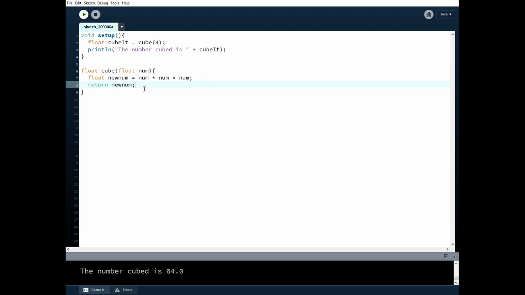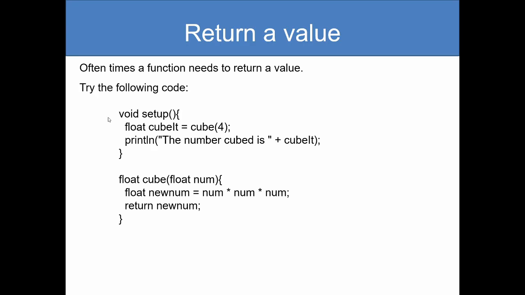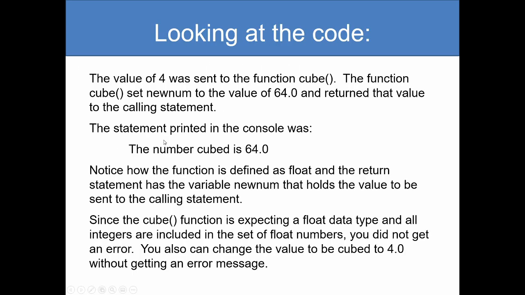So let's go ahead and review a little bit what we just said. So the value of 4 in this specific program was sent to the function cube, and the function made a variable called new num, and it figured out that the number is actually 64 and returned that value to the statement that called it. So that's that setup statement.